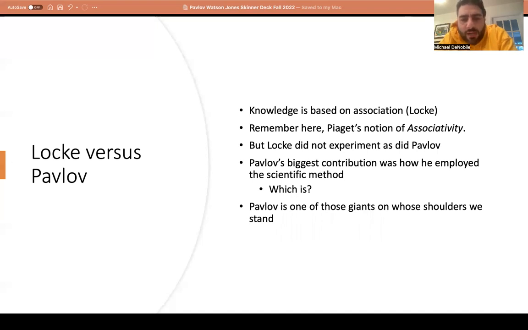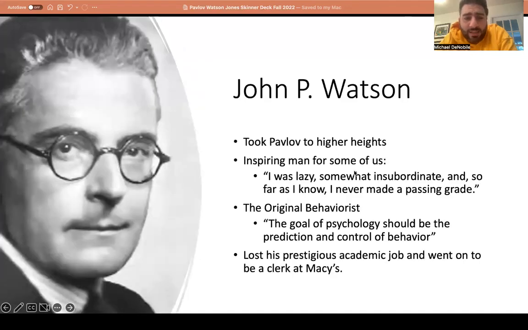Pavlov is one of those giants whose shoulders we stand on. There's a lot of Pavlov that we've moved on from, but like I said, with the school bells, Pavlov still applies, though we have moved on in that sense. John Watson took Pavlov to higher heights. He's an aspiring man for some of us.